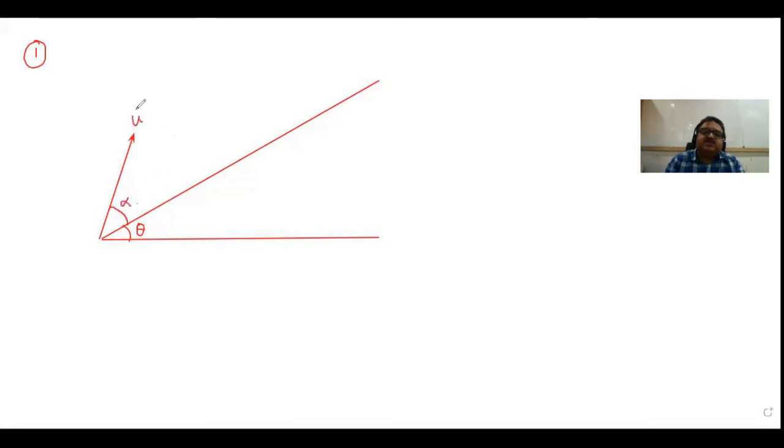Same question: where will it strike the incline? What is the range? Find the maximum height from the incline of the projectile, time of flight, etc. Same type of question, correct.